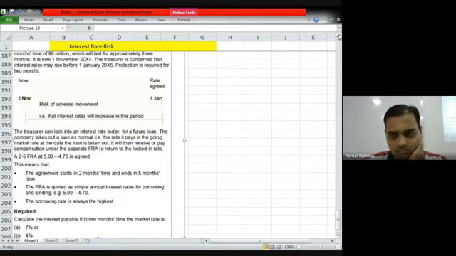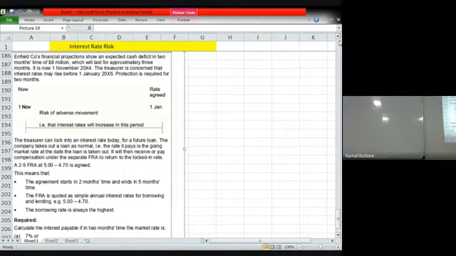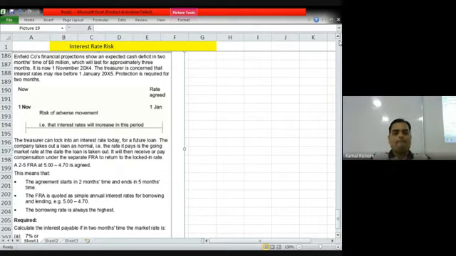Read this. So here he wants to borrow. Cash deficit.